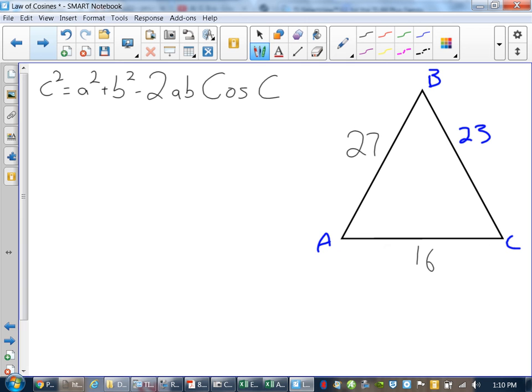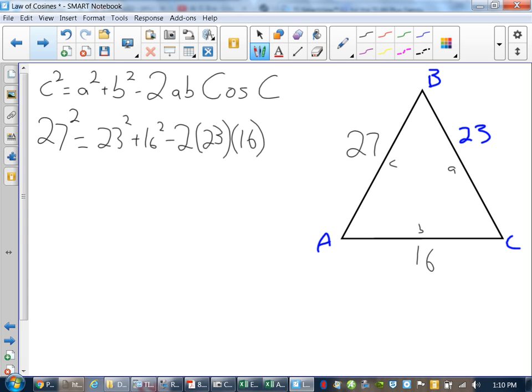We know that here's a little a, a little b, and a little c. So, 27 squared is, excuse me, 23 squared plus 16 squared, minus 2 times 23 times 16 times the cosine of c.